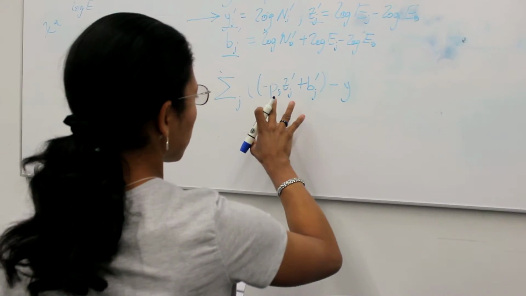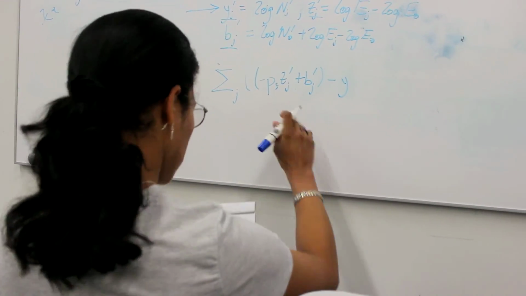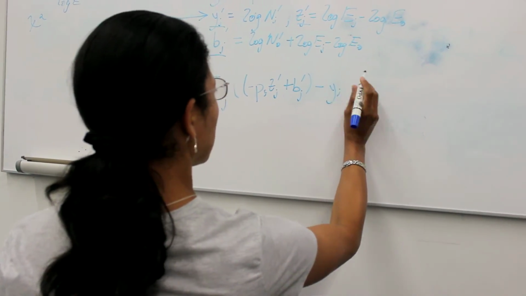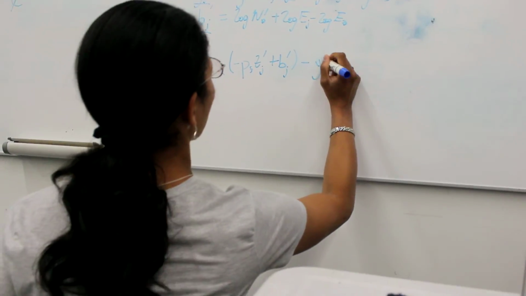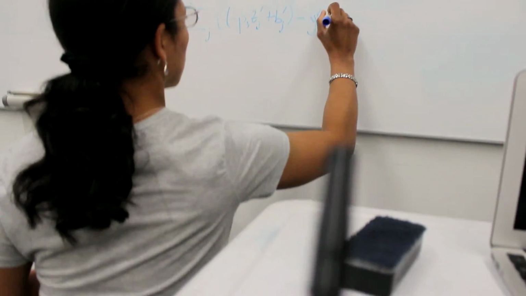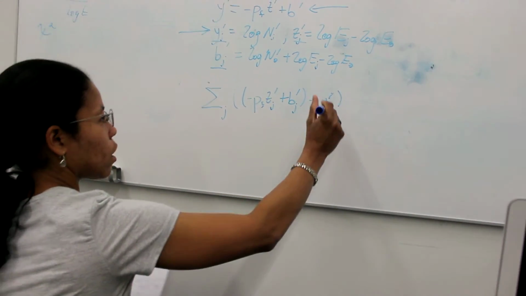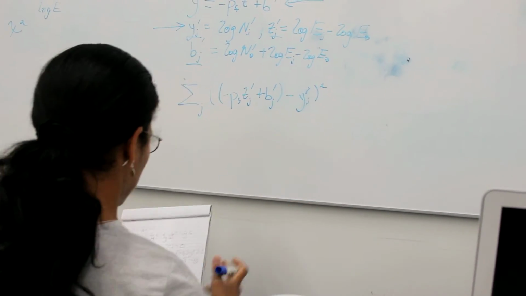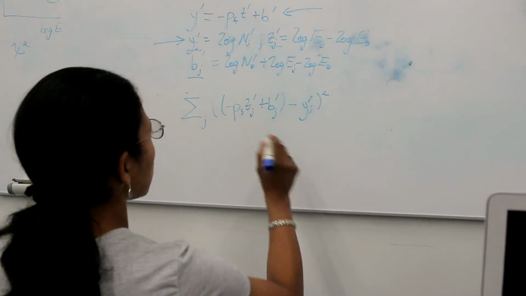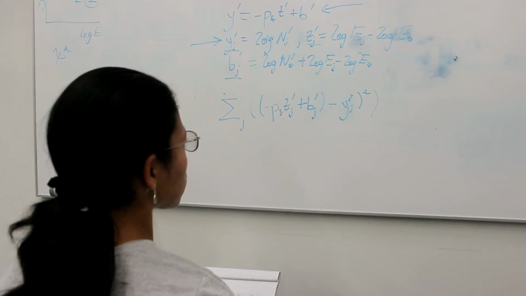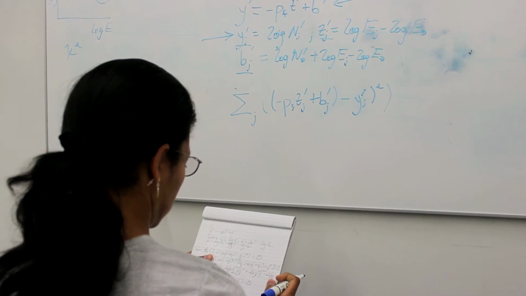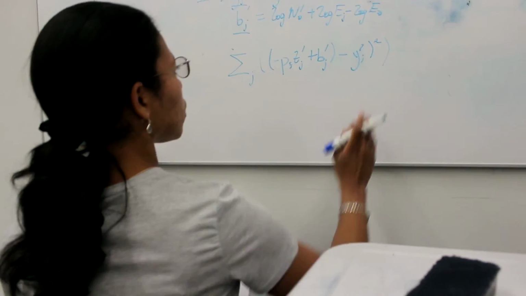In principle, that would be the best fit line, minus the calculated J values. This is the deviation, and you square it.